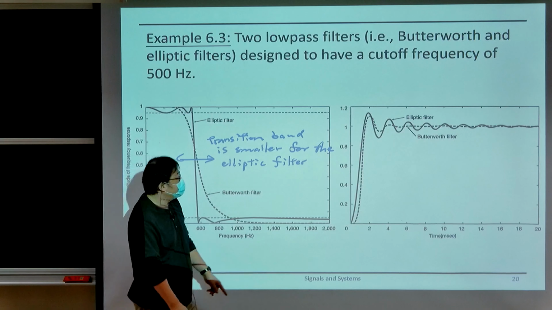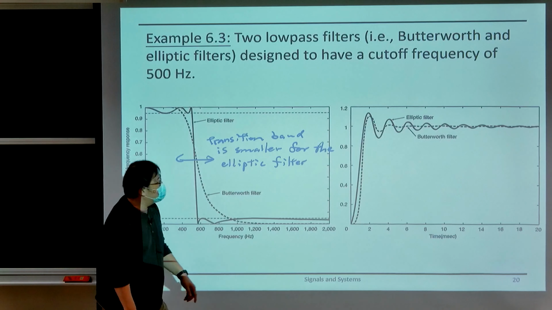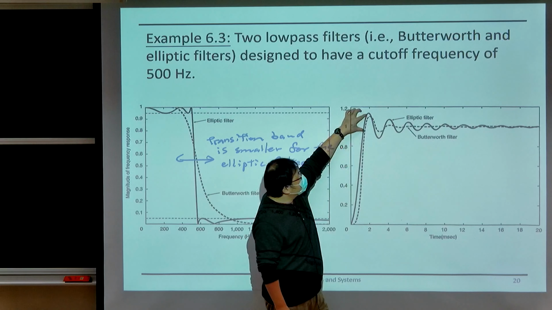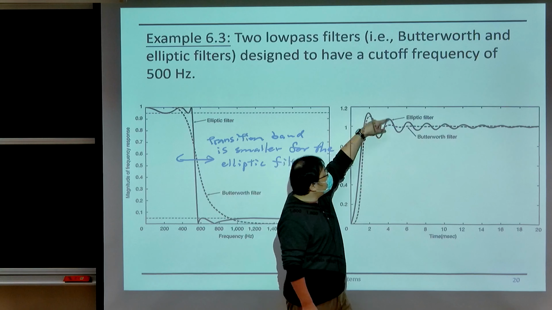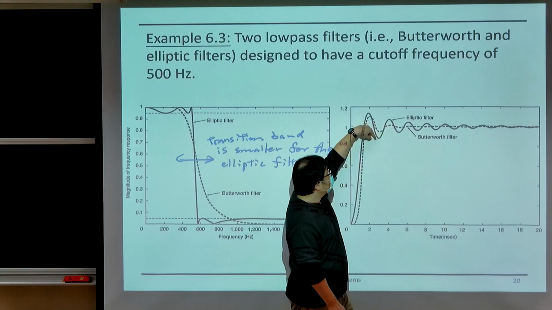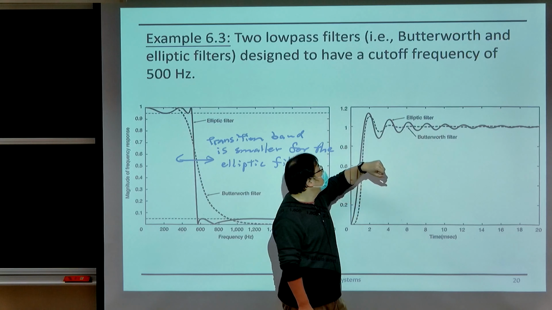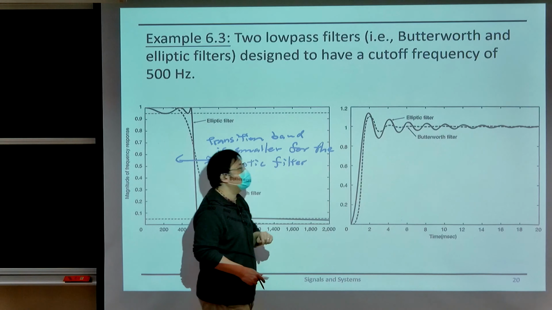If you look at the time domain step response, you see that the elliptic filter overshoots much higher than the Butterworth filter, and the oscillatory behavior is also more significant. So it settles down much slower than that of the Butterworth filter.